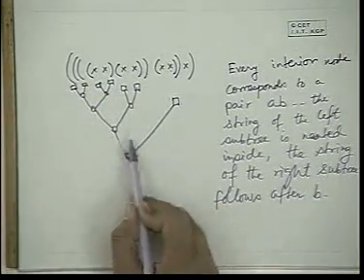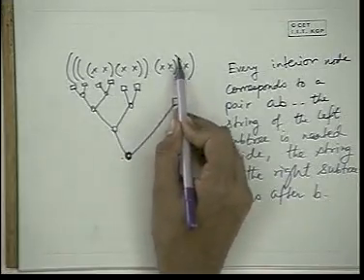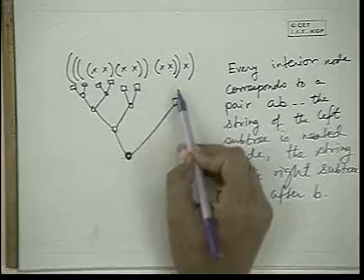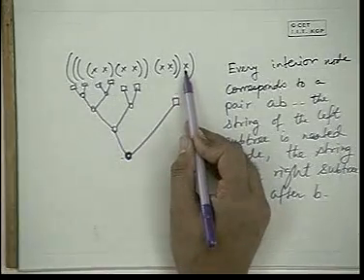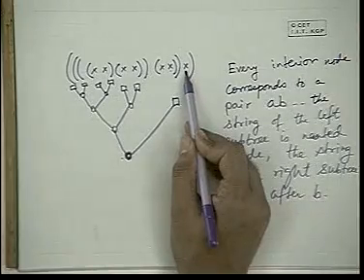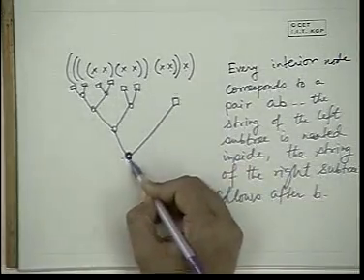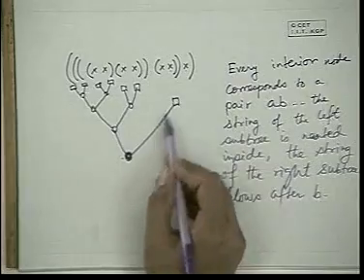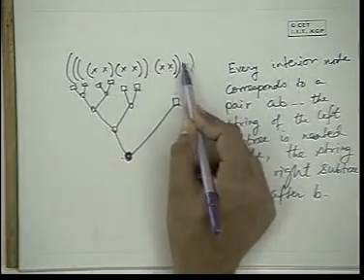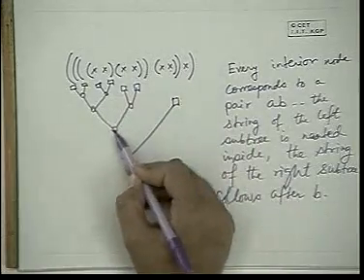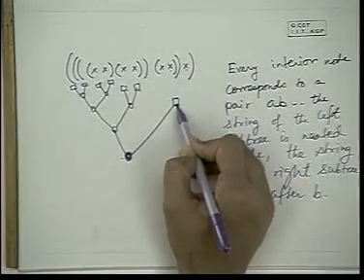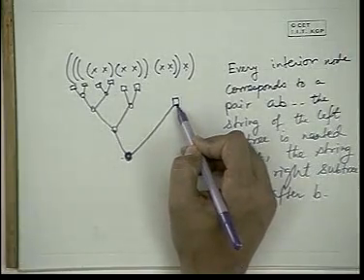You can see this entire thing goes here, and the right part is just symbolizing this matrix here. There is nothing here. This node is breaking this entire thing into two parts. One part goes to the left subtree, and the other is just coming as a leaf because there is no parenthesization here.